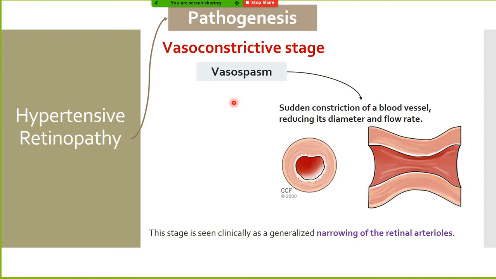This reduces the overall diameter of the vessel, which reduces the flow and increases the pressure inside the blood vessel. This is the starting point, and this stage is seen clinically as a generalized narrowing of the retinal arterioles. This is where it all starts.